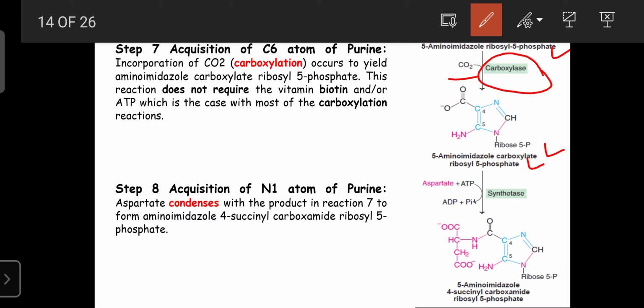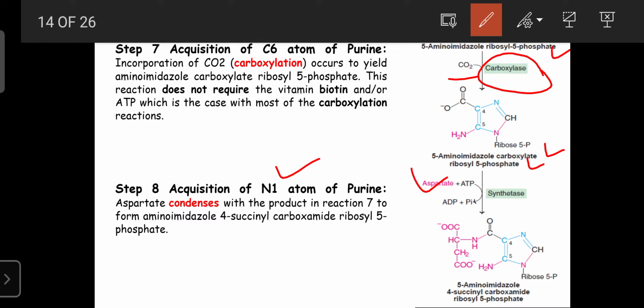Step 8 is the acquisition of the N1 atom of purine. In this step, another amino group, or amide group, is added to the purine ring. Here the amino group donor is aspartate. It also requires ATP.